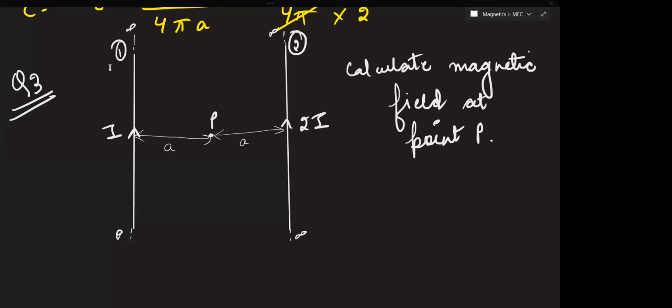Sara, the answer that you have given, see, both the currents are different. One is capital I, the other one is what? That is 2 into capital I, 2I.